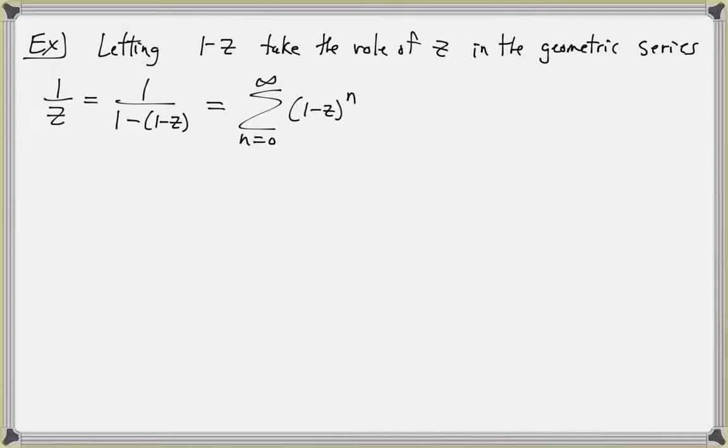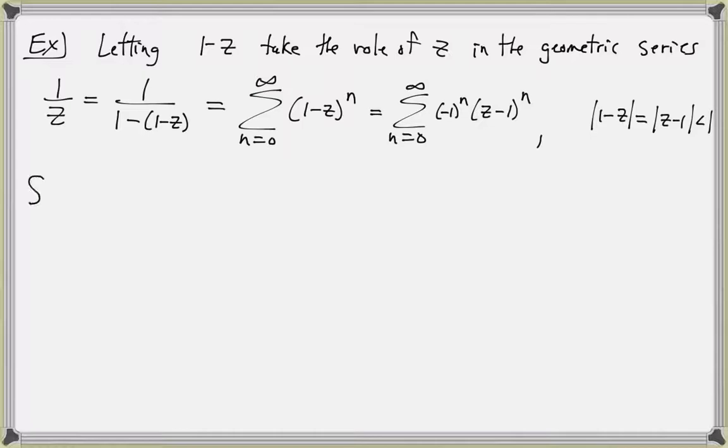And I'm going to put this in a Taylor series form by factoring out a negative 1 from each term. So this is negative 1 to the n times the expression z minus 1 to the n. So this is valid when 1 minus z in absolute value is less than 1, but 1 minus z in absolute value is the same as z minus 1. So when this is less than 1, then we have this Taylor series representation for 1 over z.